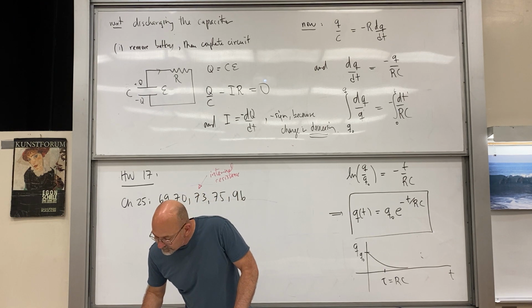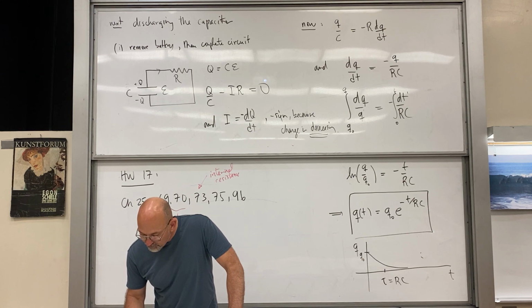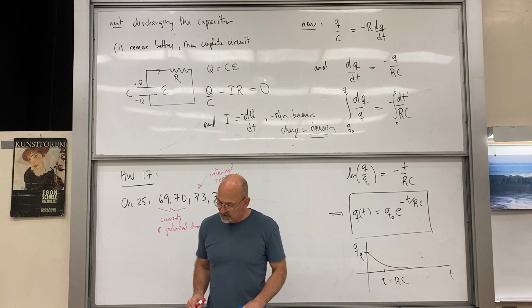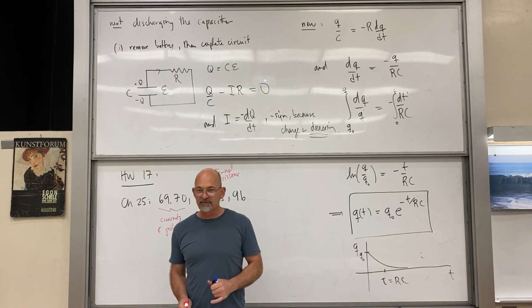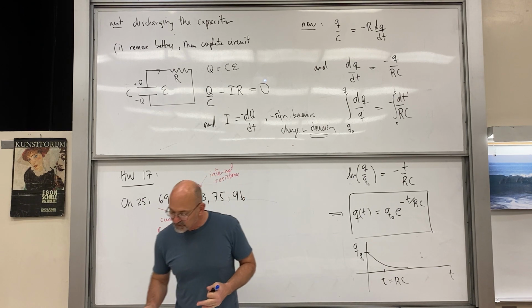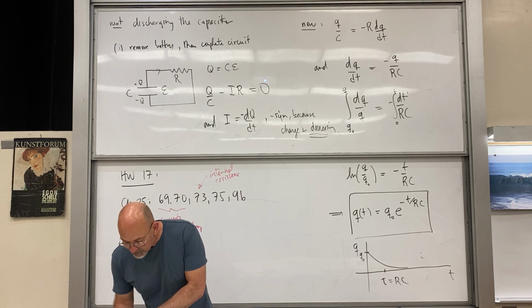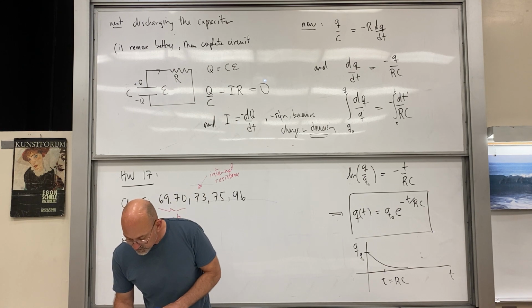75 is a circuit with 5 resistors in total, and there you guys can just knock yourself out finding all the currents, the potential drops, and the dissipated power. Do they ask for the dissipated power? They don't even ask for the dissipated power. You're looking for all of the currents and the equivalent resistance.